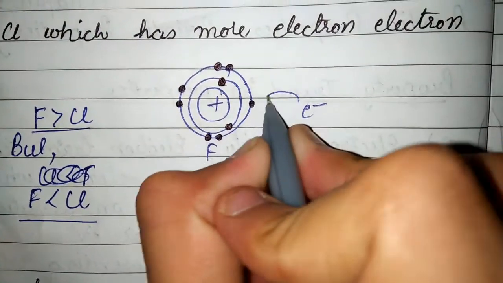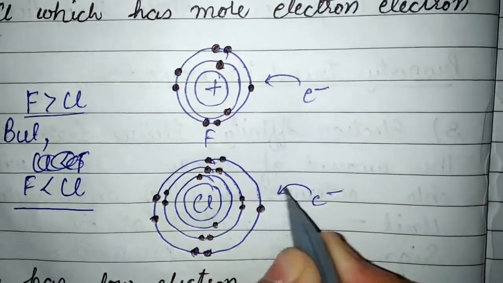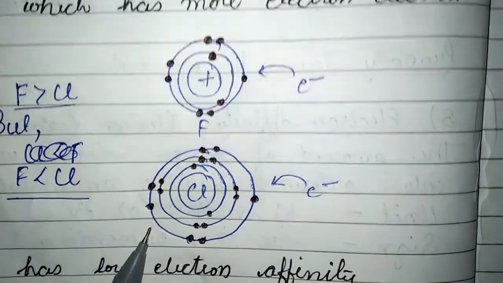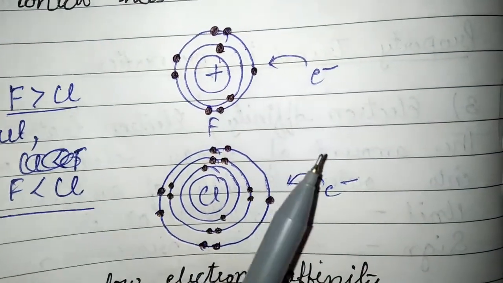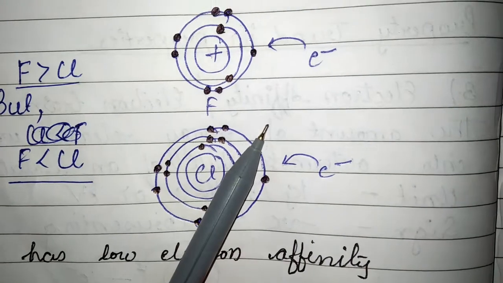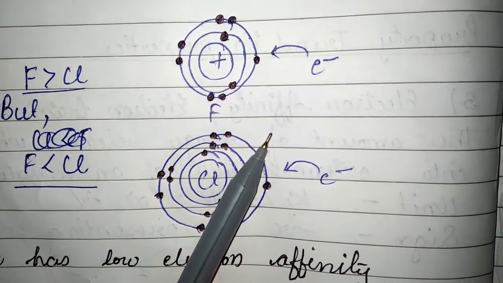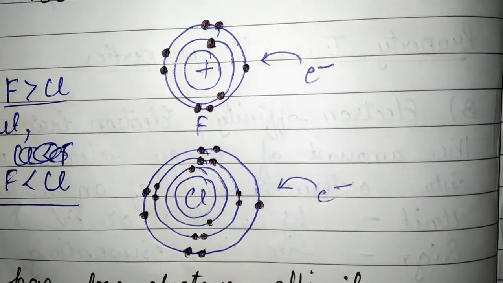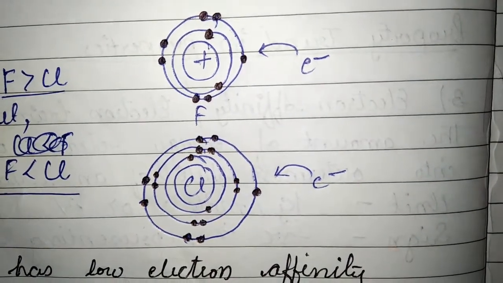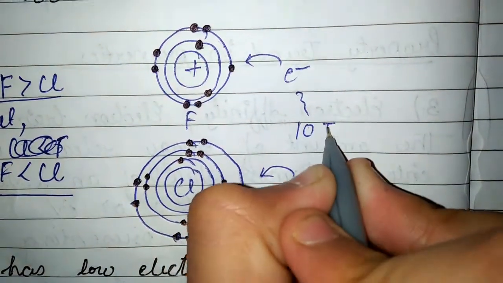So this is the electron which has to enter. Here atomic size is smaller and here atomic size is bigger. The incoming electron feels inter-electronic repulsion, and to minimize that repulsion, it takes some energy which is released by it. Suppose it releases 10 joule of energy.